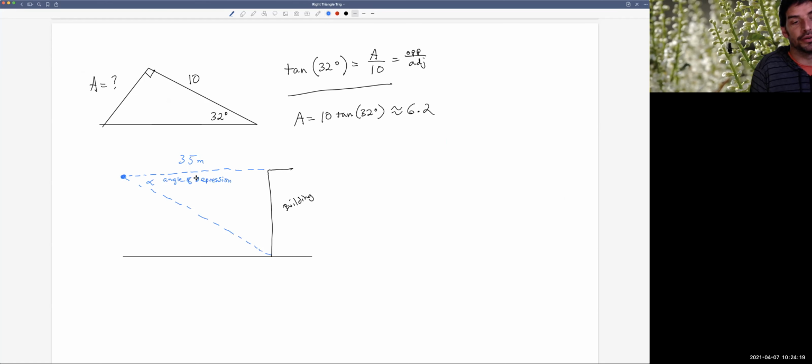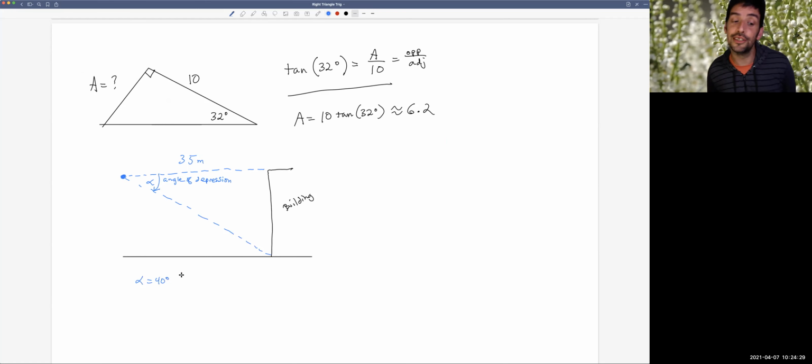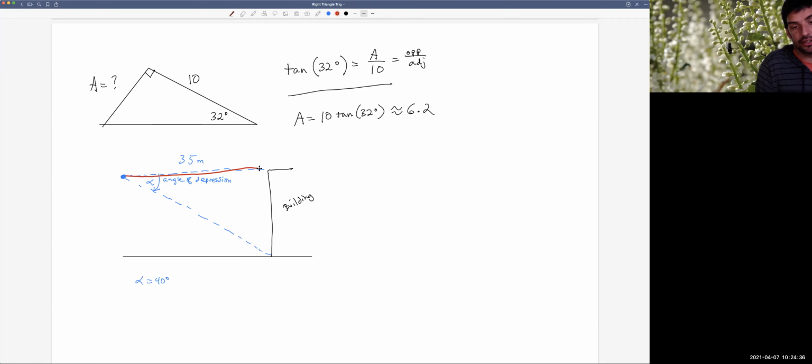So starting from the horizontal and going down. And let's say that we know that this alpha is 40 degrees. We might want to know how tall that building is, right? Well, we can impose a triangle here.